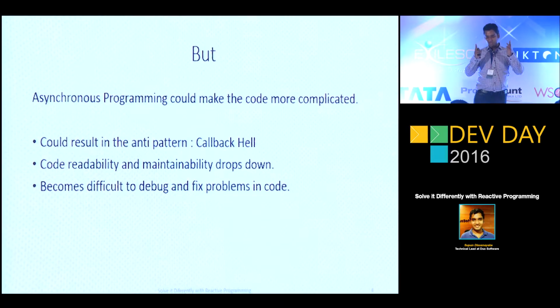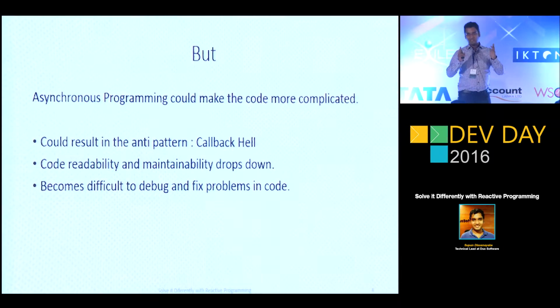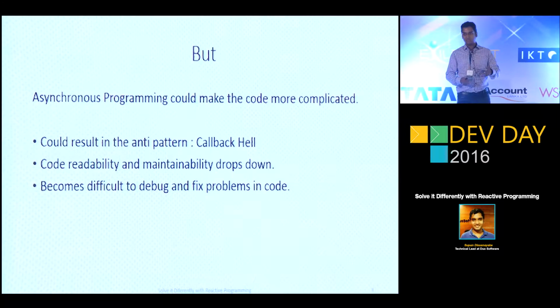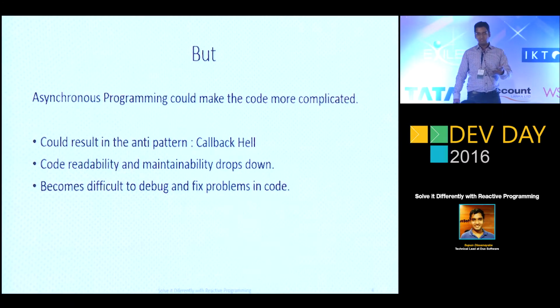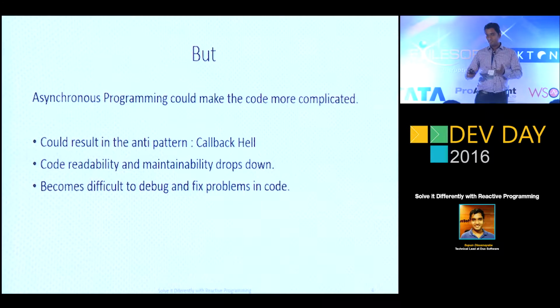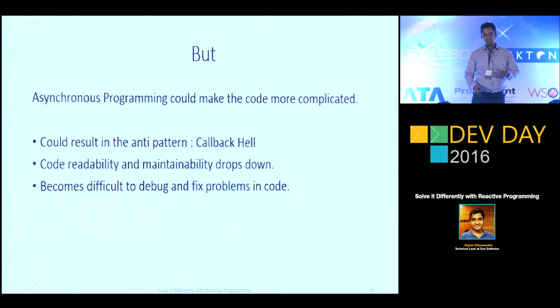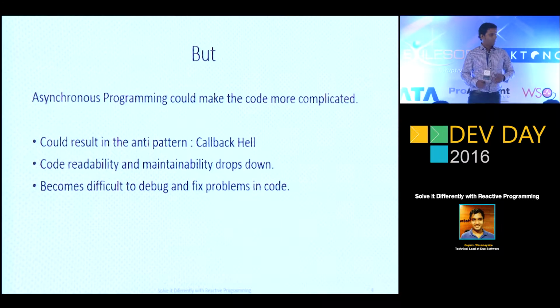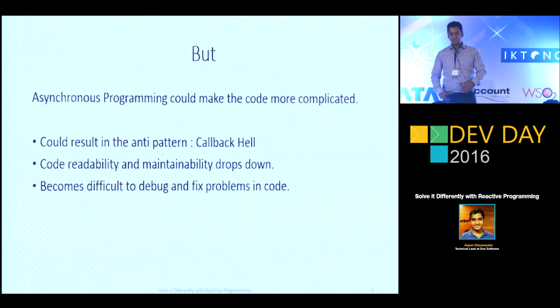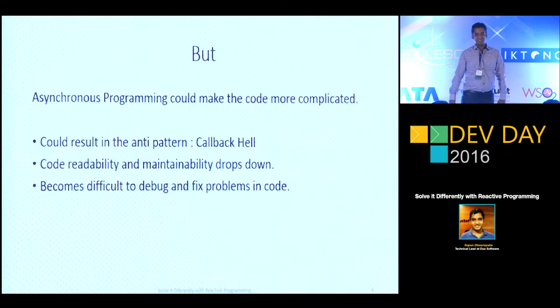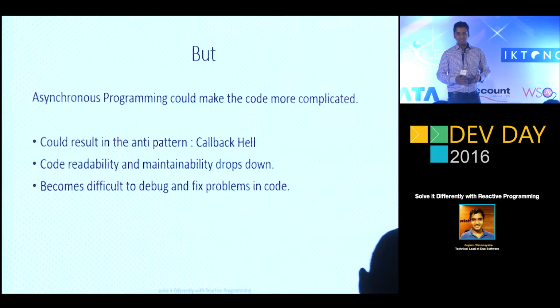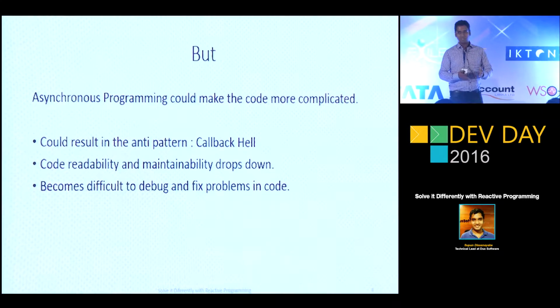In synchronous programming you execute lines in a sequence, but here when we get the results from multiple, let's say, databases, we end up in callback hell. Because of that, code maintainability and readability drop, it becomes more difficult to debug, and the system quality could suffer.